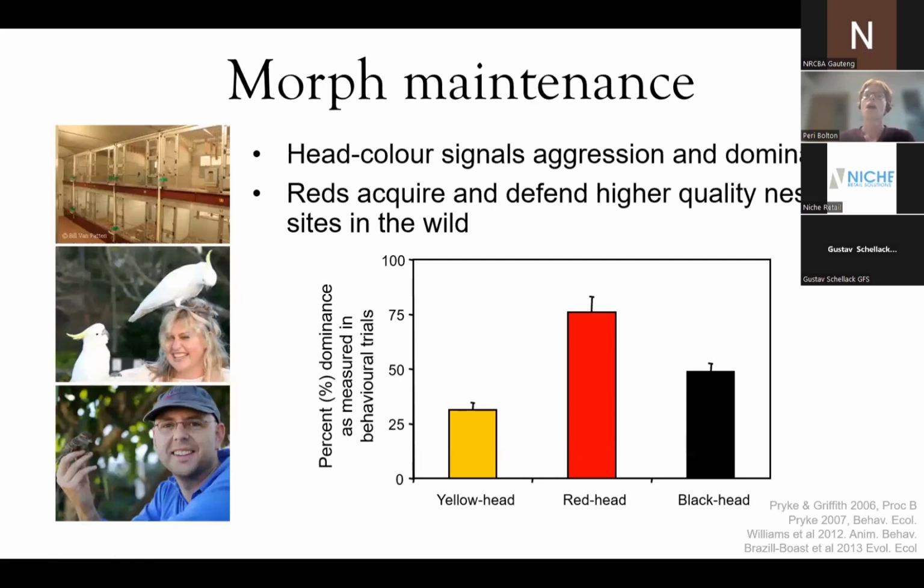Basically, a whole body of work found that the red-headed morph is aggressive and dominant, and in the wild they acquire higher quality nest sites. But this trades off against things like, if there's too many reds in a small place, they spend all their time fighting each other and not rearing offspring, whereas the black-headed birds are much more chill. This enables them to be more common in the wild because they're a bit more relaxed and so forth.